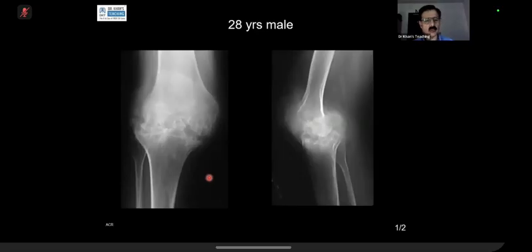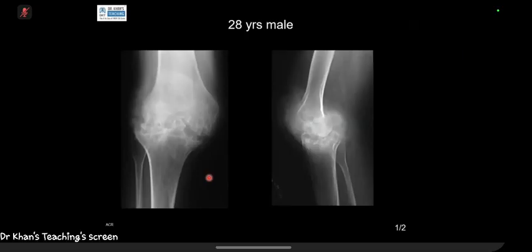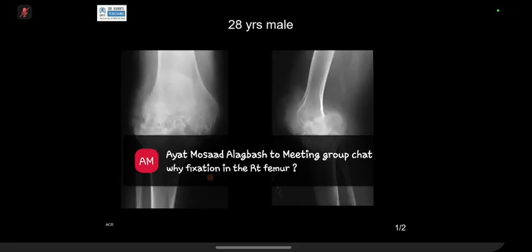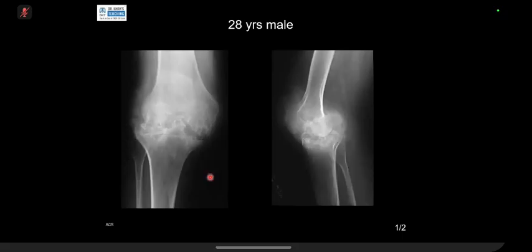Yes, please. 28 years old. So this is X-ray of the knee, AP and lateral views, and I can see that there is irregularity of the bony outlines along with patchy areas of sclerosis as well, and the intercondylar notch also looks a bit widened to me.